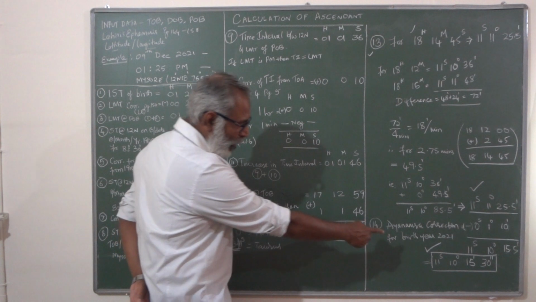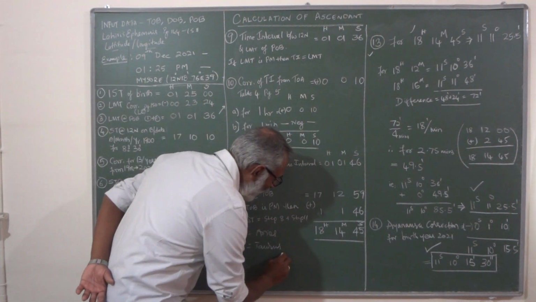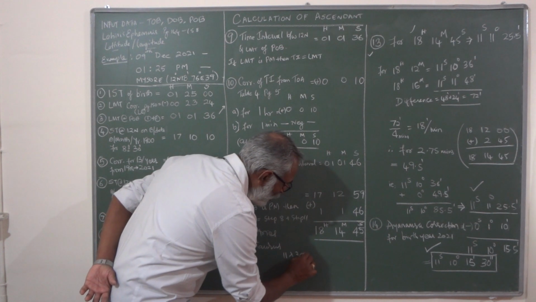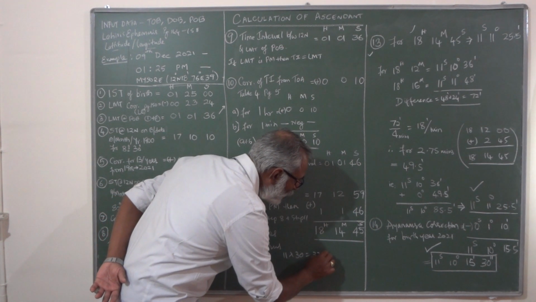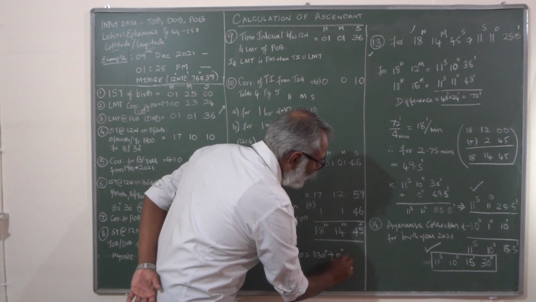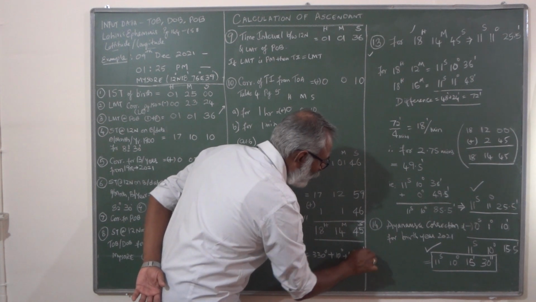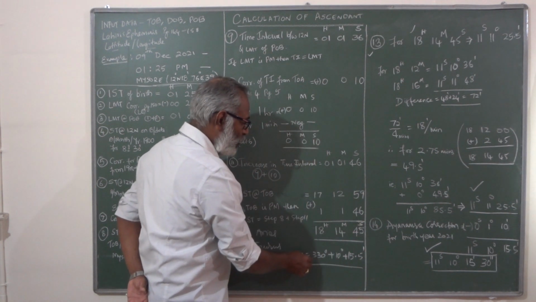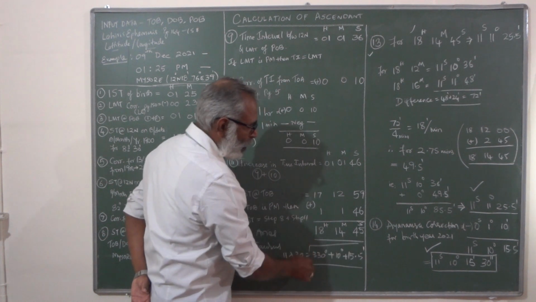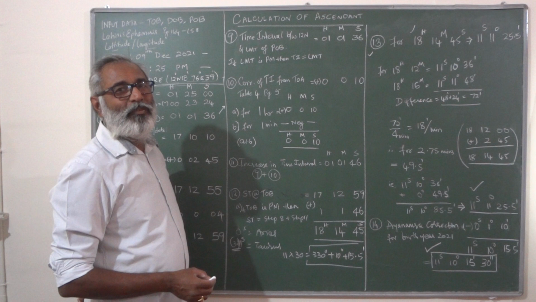So here 11s means after 11 times 30 degrees. After 11 times 30 degrees is equal to 330 degrees plus 10 degrees plus 15.5 minutes. So 330 degrees plus 10 degrees, 340 degrees will fall in the sign of Pisces.